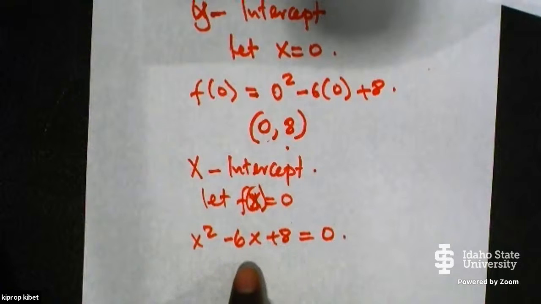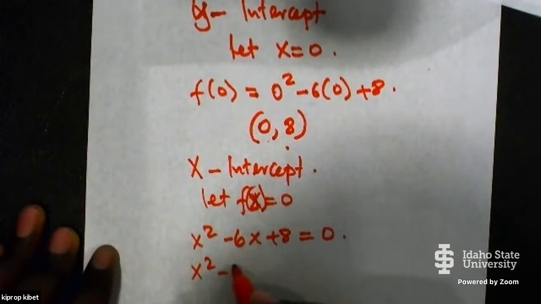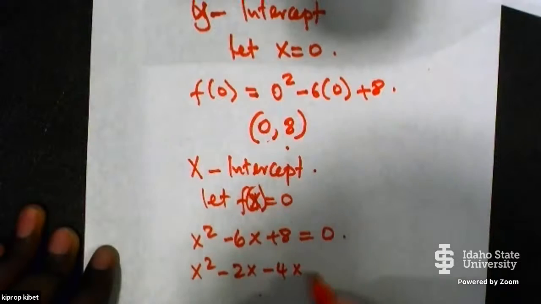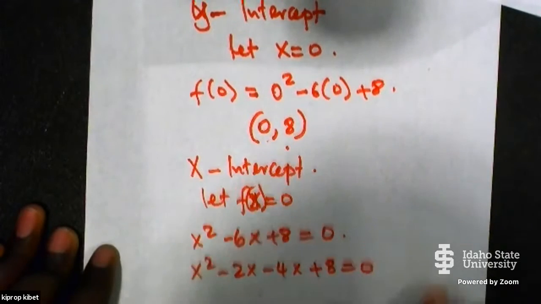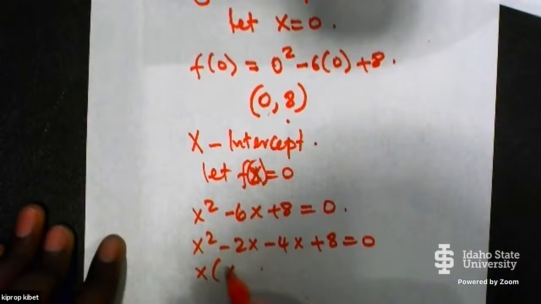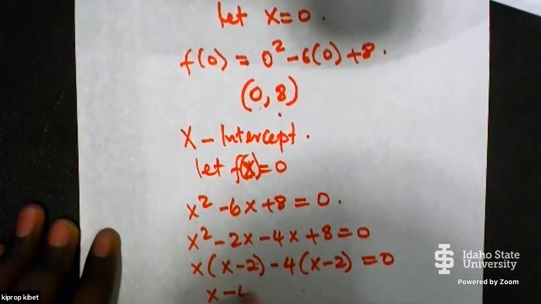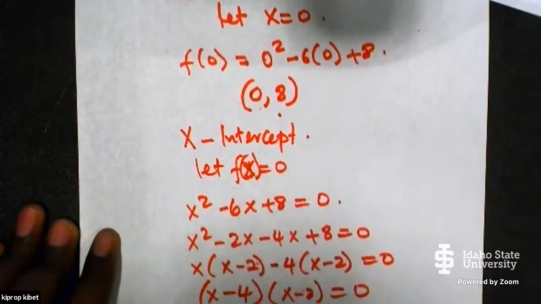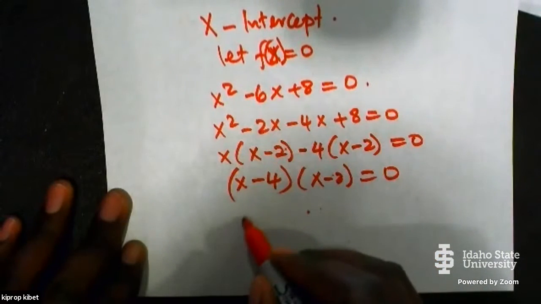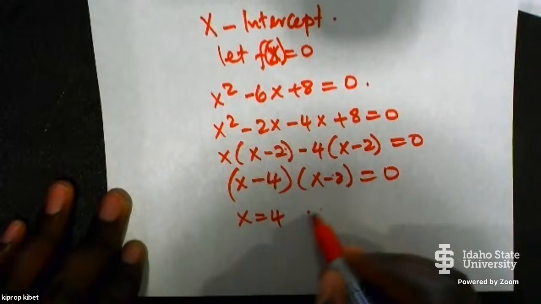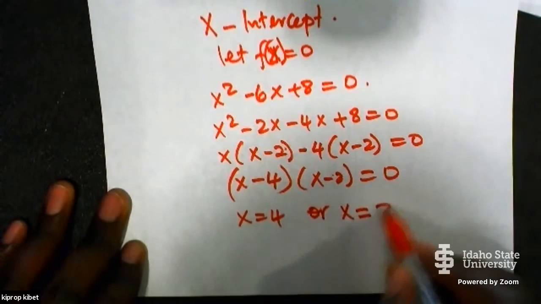So it's minus 4 and minus 2. So x squared minus 2x minus 4x plus 8 equals 0. So x minus 4, x minus 2 equals 0. So using the zero product property, x minus 2 equals 0 or x minus 4 equals 0. So our x equals 4 or x equals 2.